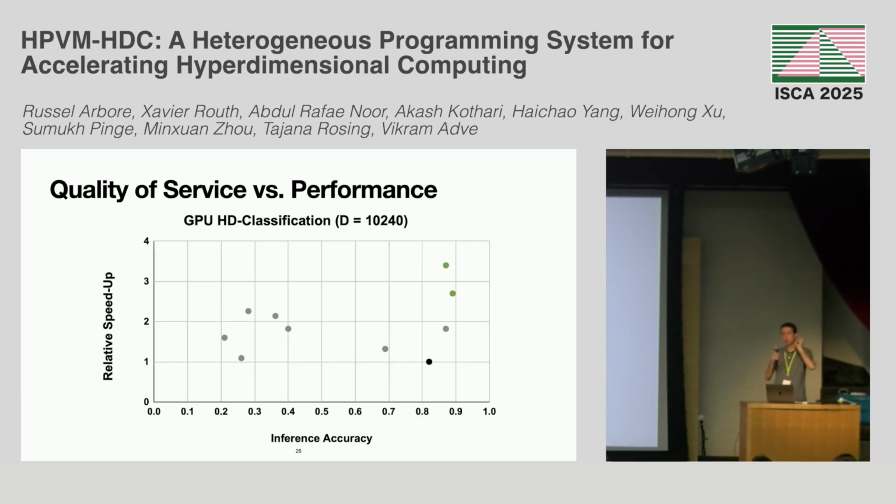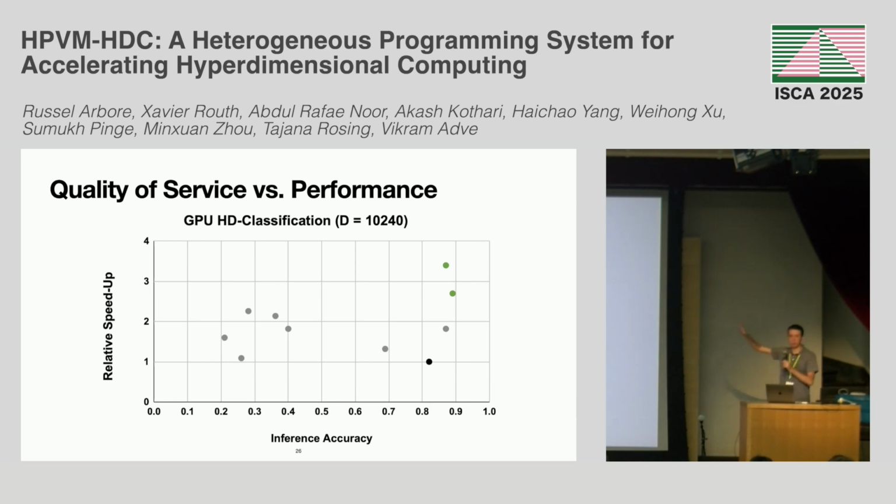Next, we use the approximation knobs I talked about earlier to explore a wide variety of approximation configurations for a single application. The application before approximation is represented by the black dot, which has a certain inference accuracy, and the relative speedup with itself is 1. The application is a particular classification application that we're running on the GPU.